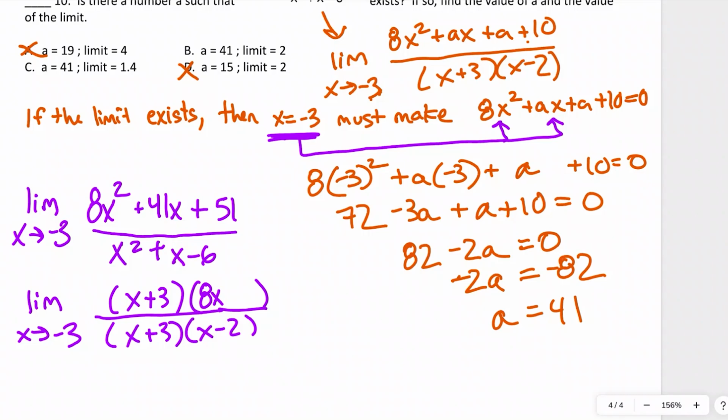I'm trying to do this with no calculator here. So 51 divided by 3 is going to be 17. And hopefully this works. 8x times 17 is 17x. 3 times 8 is 24. So 24 and 17 do add up to 41. So yeah, there we go.